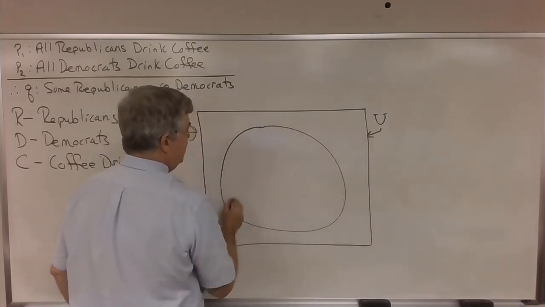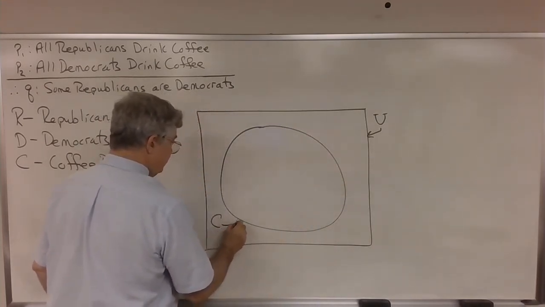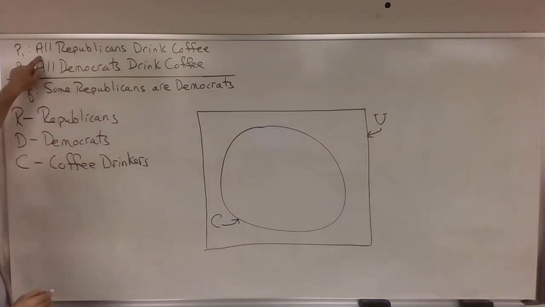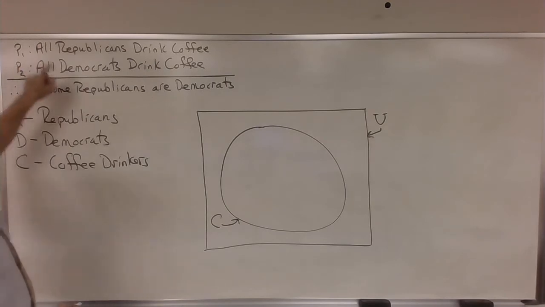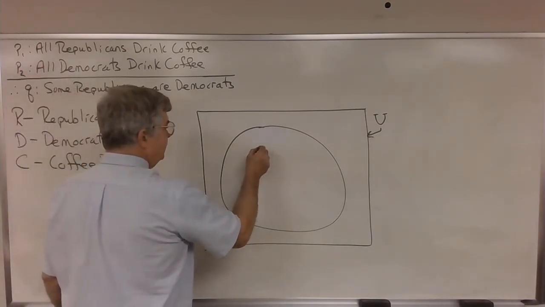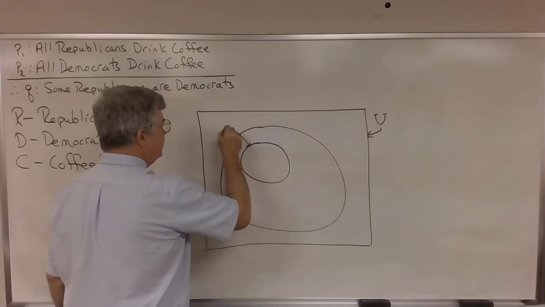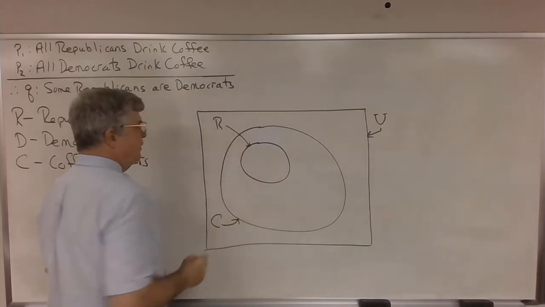So here's our coffee circle right here. And the first premise, all Republicans drink coffee. So that means that the Republicans have to be inside the coffee circle.